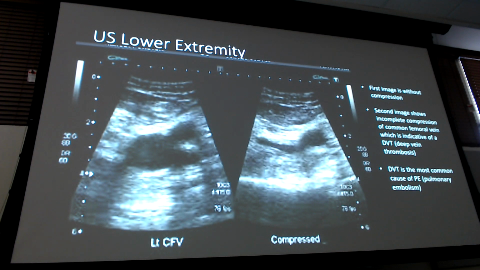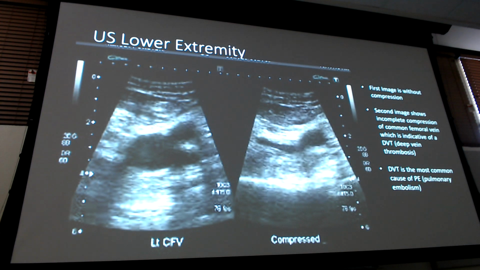So I don't know if that's all just liquid blood or if there's clot there. So they compress the vein, and if there's no clot, the whole thing should collapse. Because it's a vein, it should just collapse. This is incomplete collapse. This is clot. This is clot in the deep vein. It is not fully collapsed.